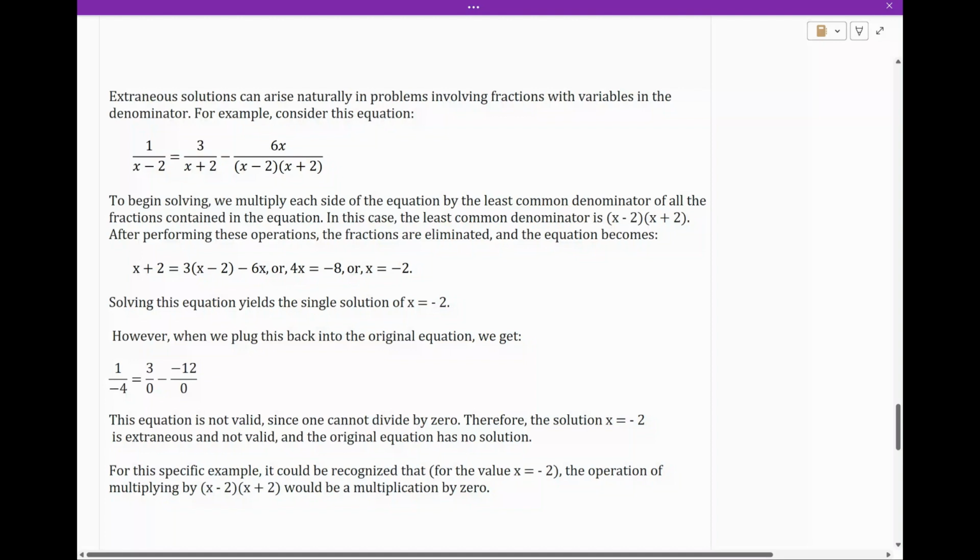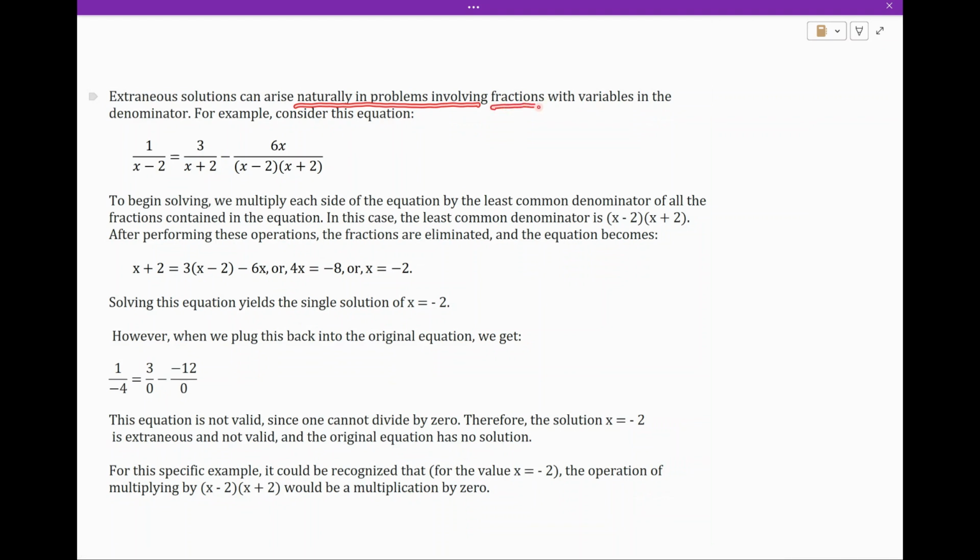Extraneous solutions can arise naturally in problems involving fractions with variables in the denominator. For example, consider the equation 1 divided by x minus 2 is equal to 3 divided by x plus 2 minus 6x divided by x minus 2 multiplied by x plus 2.